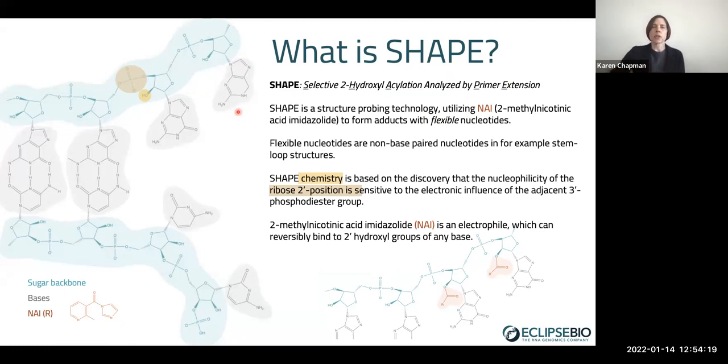So basically, you get that adduct formation when that nucleotide is unpaired. So I think you can get the picture here that the adduct is used to probe whether or not these nucleotides are in a constrained base pair position or in a flexible, more open position.